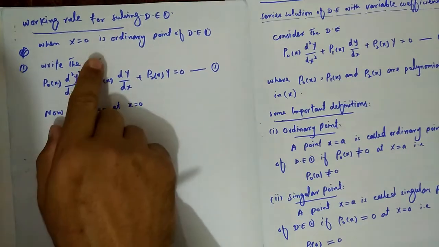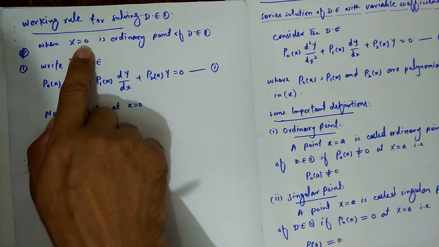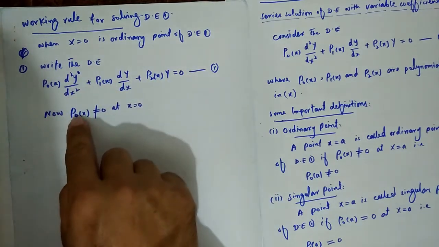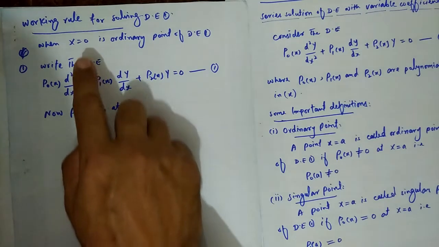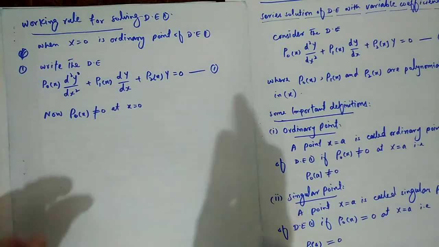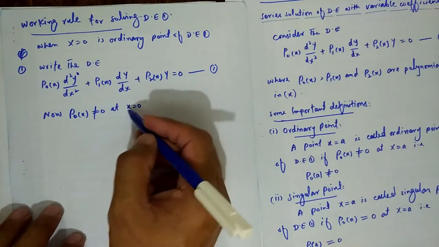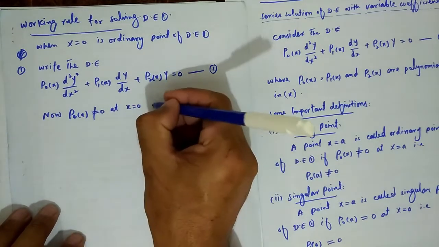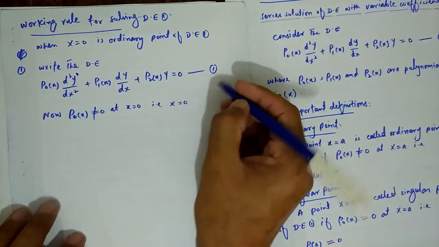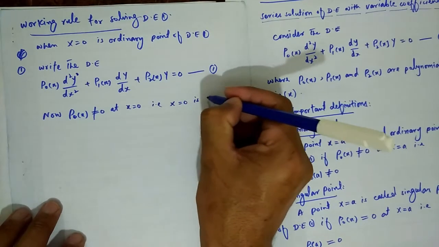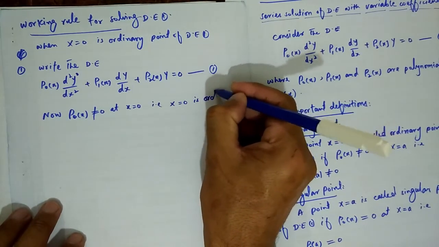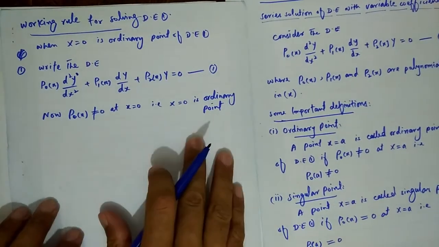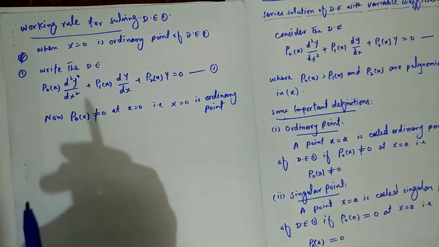Here we assume x equal to 0, and at this point p naught of x does not vanish, so it is an ordinary point. Clear? So at x equals to 0, p naught of x does not vanish. That means x equal to 0 is an ordinary point of the given differential equation.